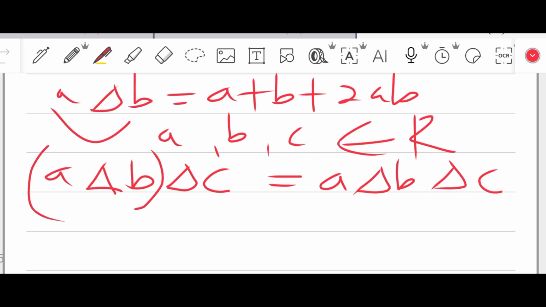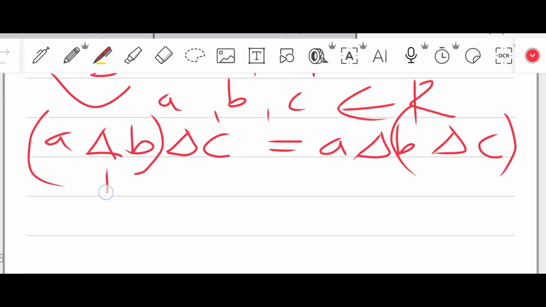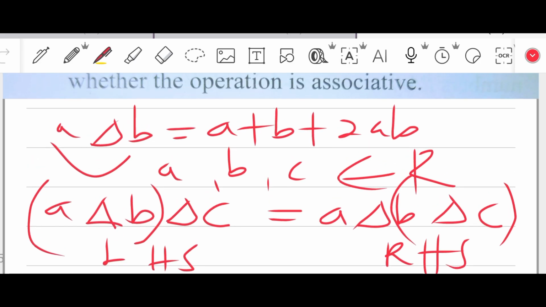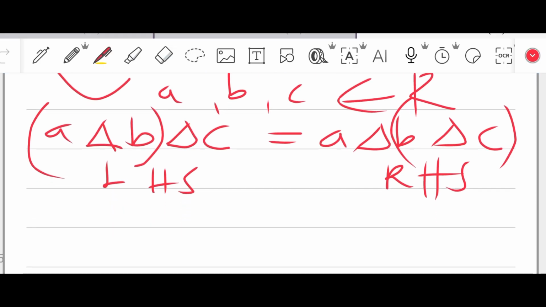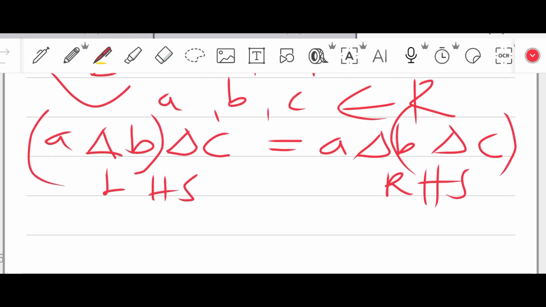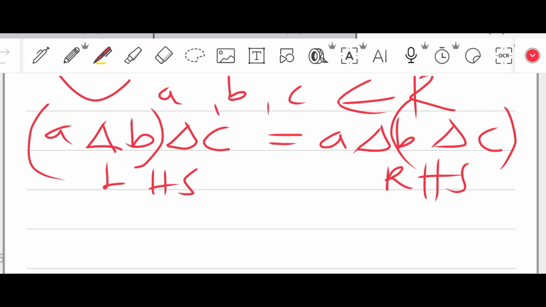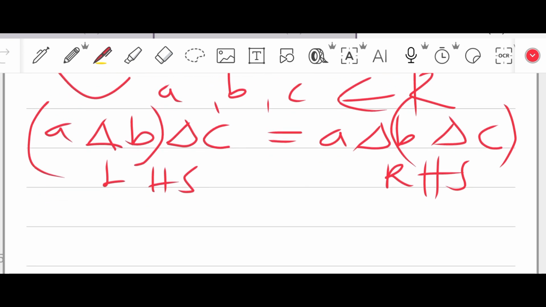We can do the first two first, or do the last two first. So we have our left hand side here, then our right hand side also here. We have to evaluate the left hand side and also evaluate the right hand side to see whether they are equal. If they are equal, then it means that our operation is associative.